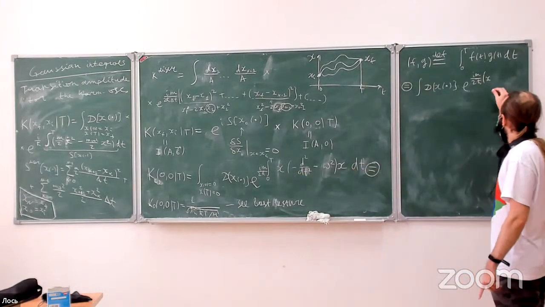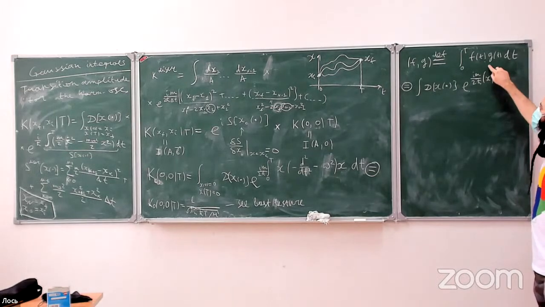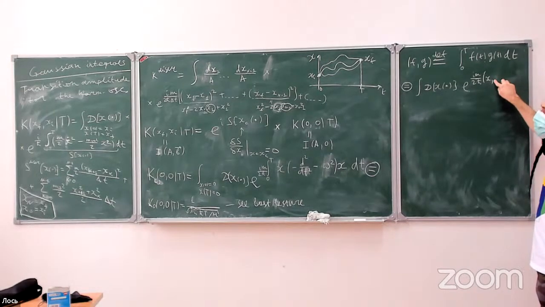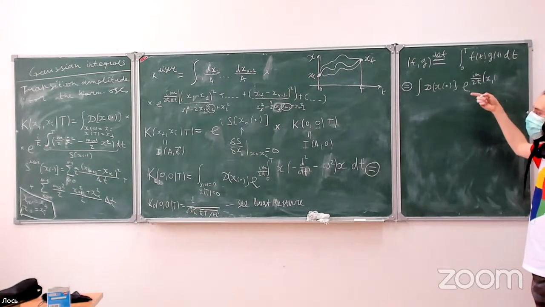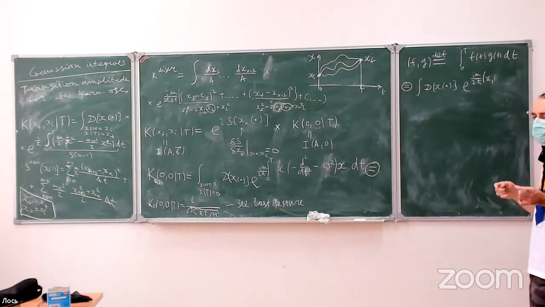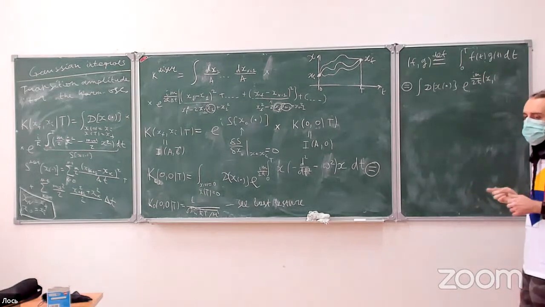I want to say that we put this operator inside. The scalar product is the same, but we added some operator inside. So it's precisely what was before. We had x, scalar product with some operator acting on x.